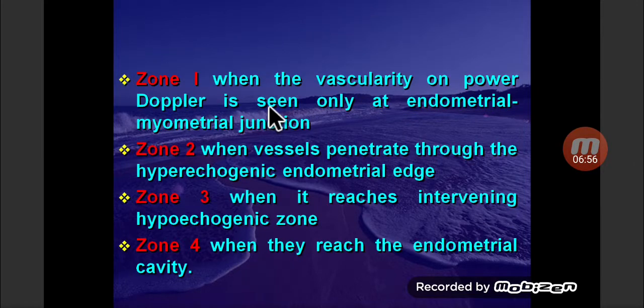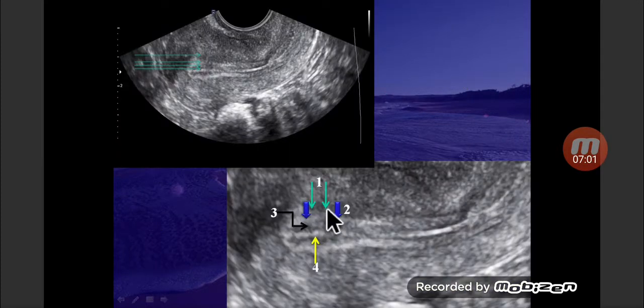We have these various zones 1, 2, 3, and 4, and carefully see that. We're looking at these 4. That's the triple layer 1, 2, and 3, which I'm talking about, the layers. Outside the layer, this is zone 1, or subendometrial flow. The moment you see flow in this area, this is zone 2 or the outer zone. The moment you see flow inside the cavity and this portion, mid zone or zone 3, and when it touches the central portion, it is cavity vascularization.